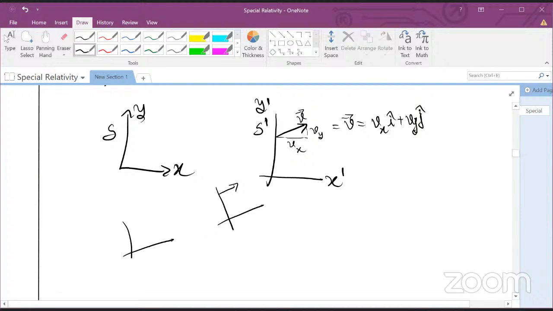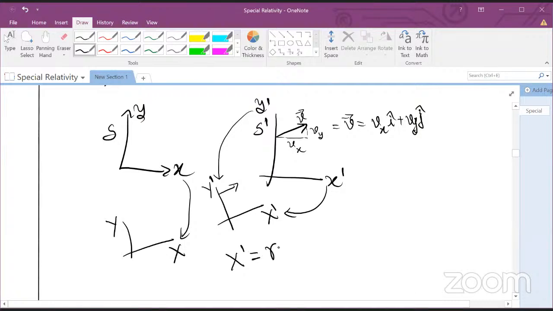Now I'll write the transformed x to be... I don't need to use u. I need a new variable. Okay, I'll write it capital X. This is capital X, this is capital Y, this is capital X dash, and this is capital Y dash. Now what can you write? You can write X dash equals gamma (X minus Vt).